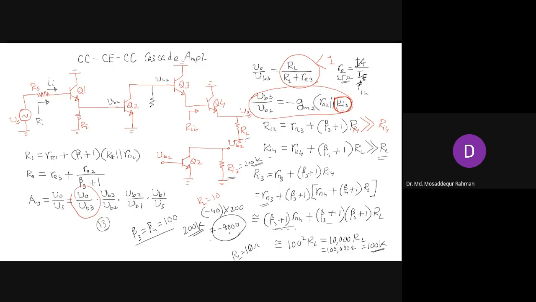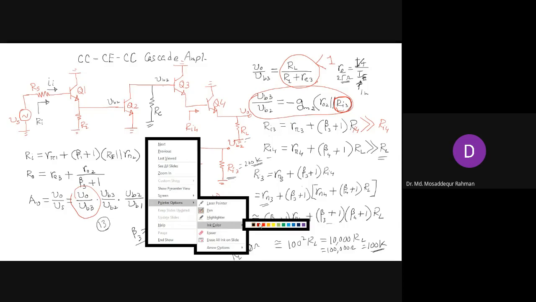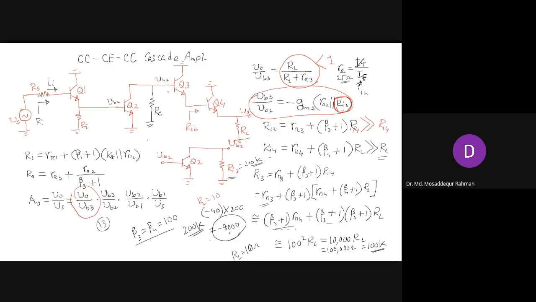If you add a resistance here, let's say you add a resistance RC, and then you have this Ri3 here. So how will the gain modify for the common emitter part?